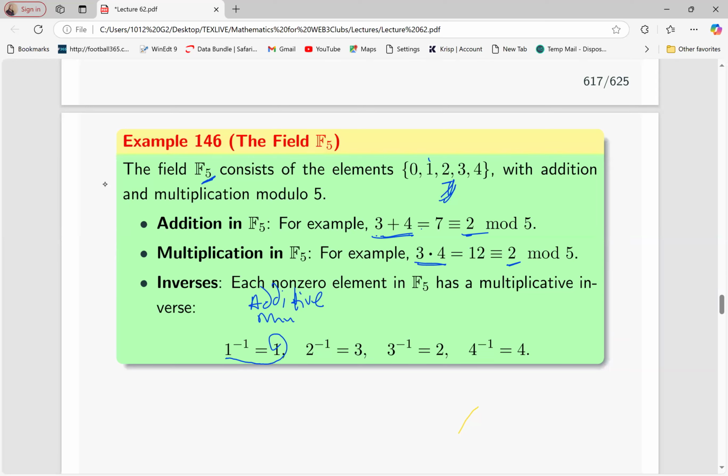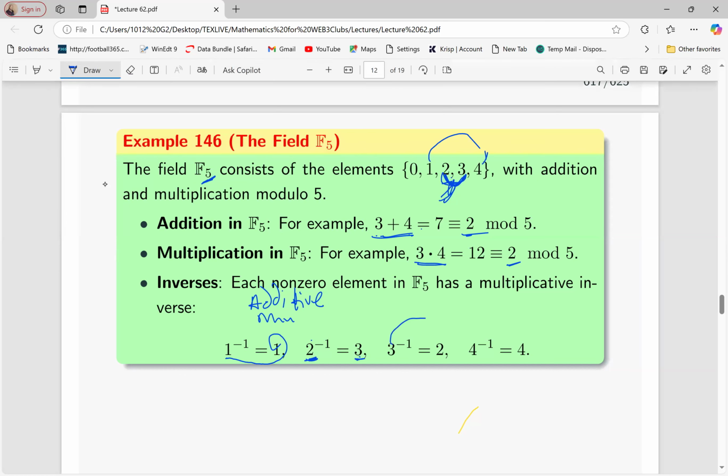The additive inverse of 1 will be 4. Let's come to 2. The multiplicative inverse of 2 is 3, because 2 times 3 is 1. The additive inverse of 2 is 3, because 2 plus 3 is 0. Let's come to 3. The multiplicative inverse is 2, and the additive is again 2.